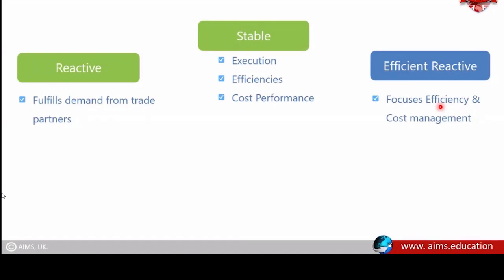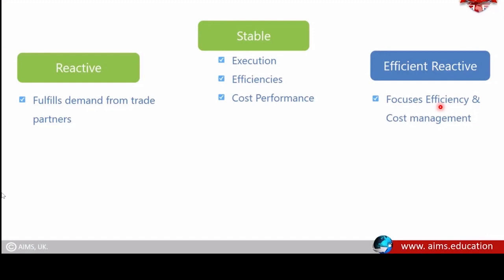Next is reactive strategies, which fulfill demands from the trade partners. For example, the demand for jerseys during NBA playoffs. So the demand for jerseys depends on its season, whether there is a requirement or not. Efficient reactive focuses on efficiency and cost management.